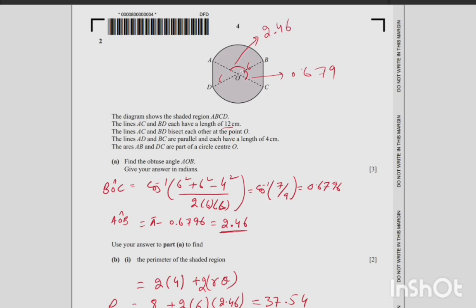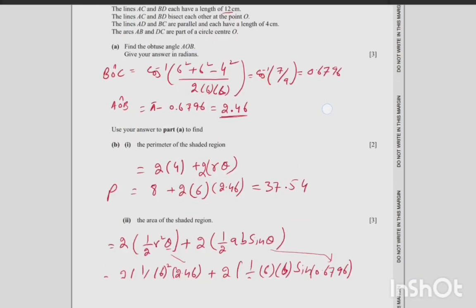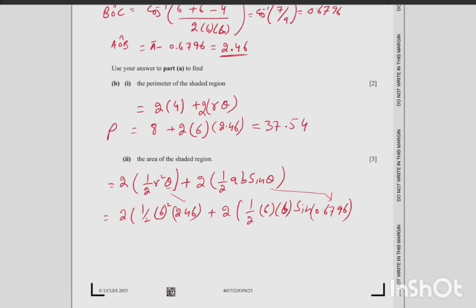For the sector, 2.46 angle; for the triangle we find 0.67 and apply it here. Now if we calculate all these values using a calculator, we get 111.187. This is our required solution.